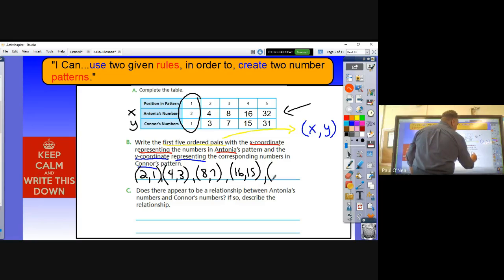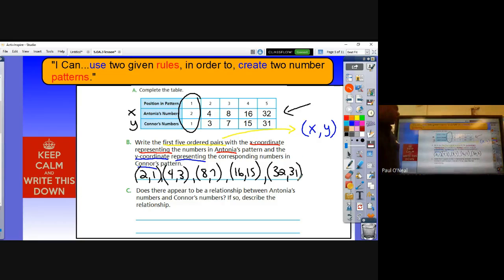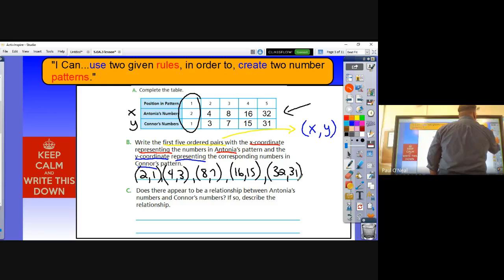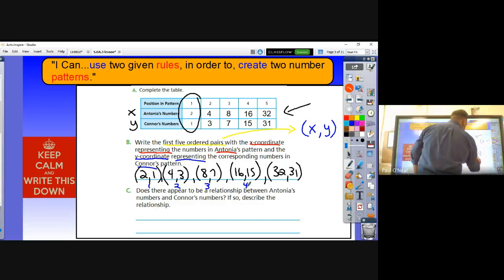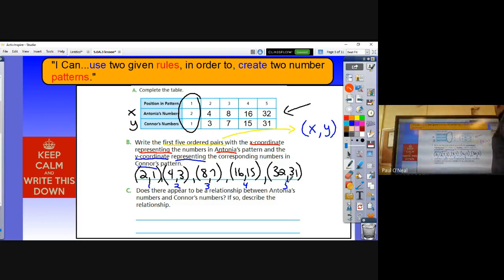And finally, 32, 31. So, ladies and gentlemen, right here we have our first 5 ordered pair numbers. Here's 1, 2, 3, 4, 5. So now we know we have answered our first portion.